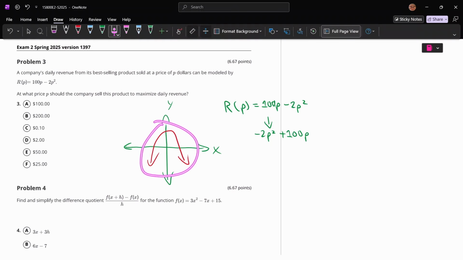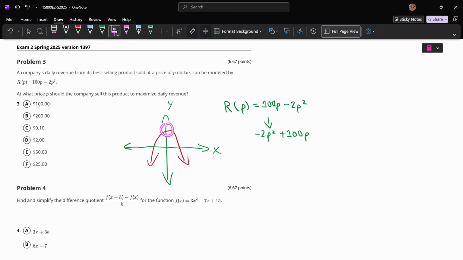If that doesn't make sense to you, you can just look at the case of if you were to graph f of x is equal to negative x squared. If you were to graph this, you'd end up with a curve that looks like this as well. So now going back to this graph, visually speaking, you can see how it has a maximum here. So this line is going to top out somewhere around here before going down.